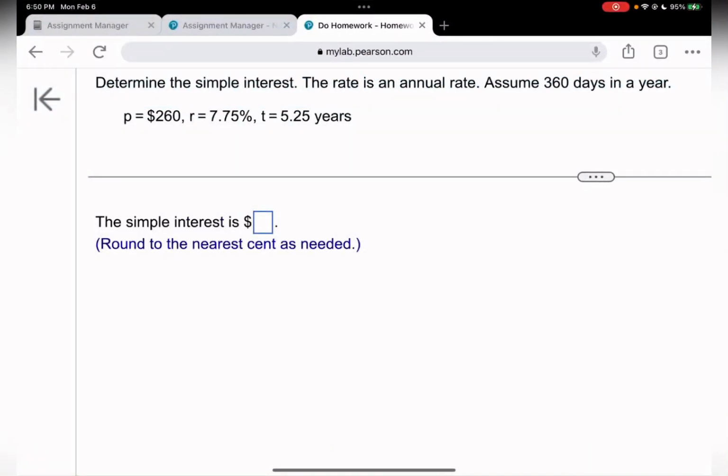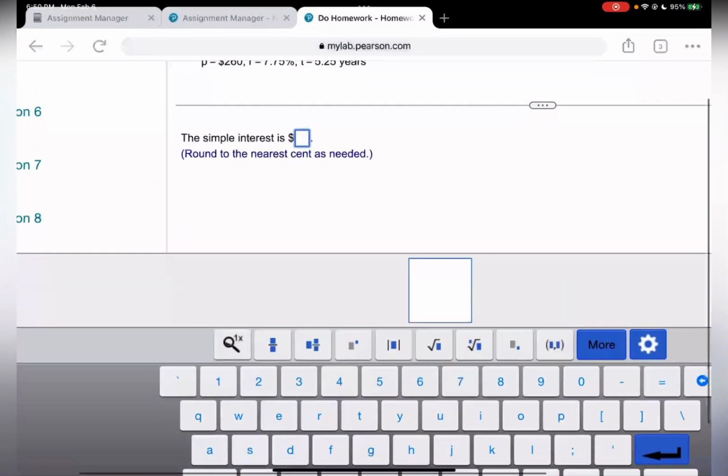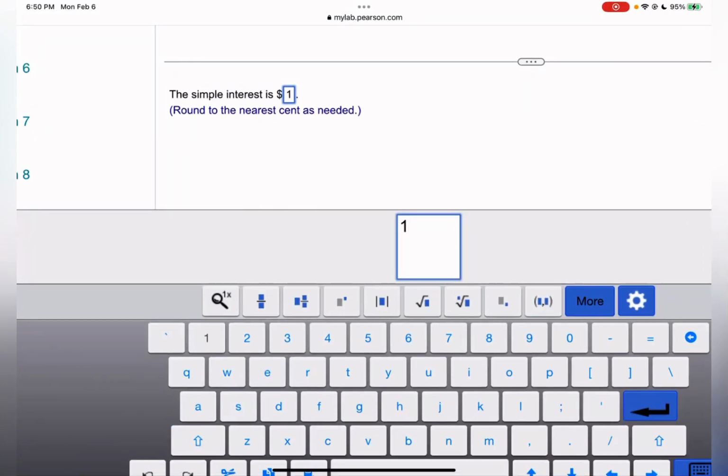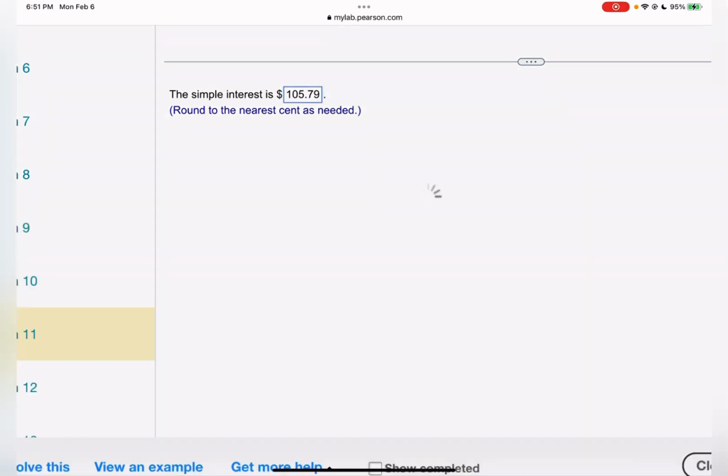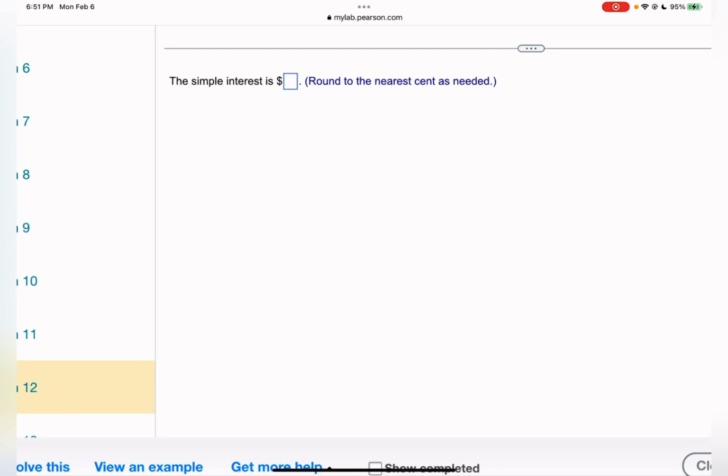Let's type it in. 105.79. It says to the nearest cent. There we go, 79. Fantastic.